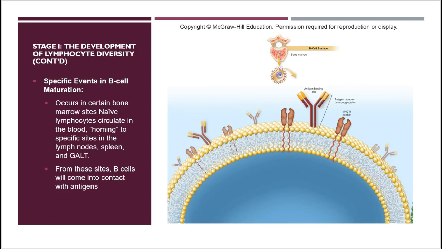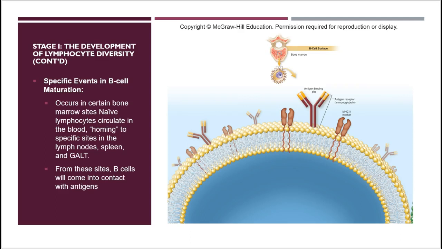Okay, so this is the surface of our B cell. Remember, B cells are going to mature in specific locations within the bone marrow. The naive or sort of unchallenged lymphocytes are going to circulate in the blood, and they're going to collect in specific sites within the lymphatic system, specifically in the lymph nodes, the spleen, and GALT that we talked about earlier.